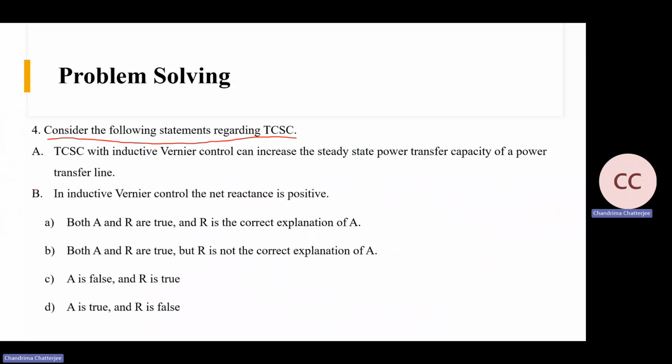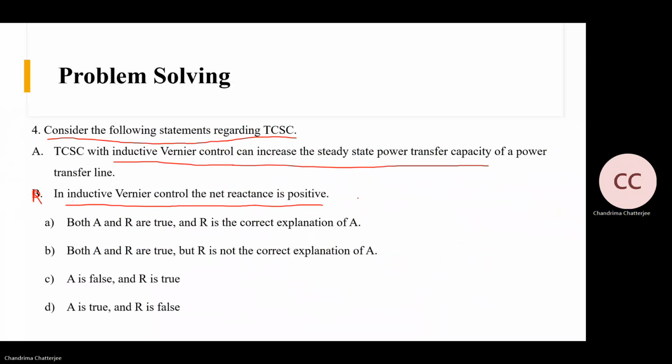That is the first statement, and the second statement is in inductive Vernier control, the net reactance is positive. That is true, because when there is inductive control, the net reactance is positive, right? That's why the TCR current is in the same direction as the line current.